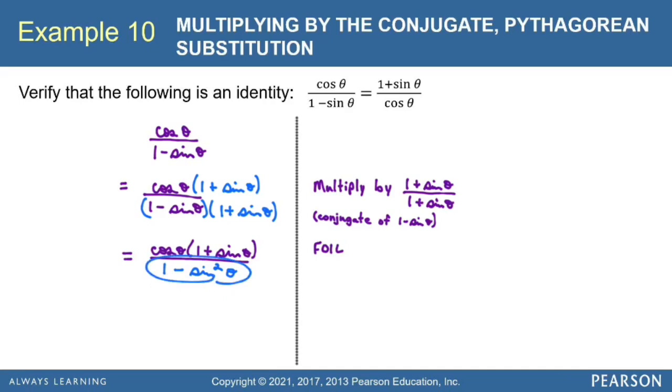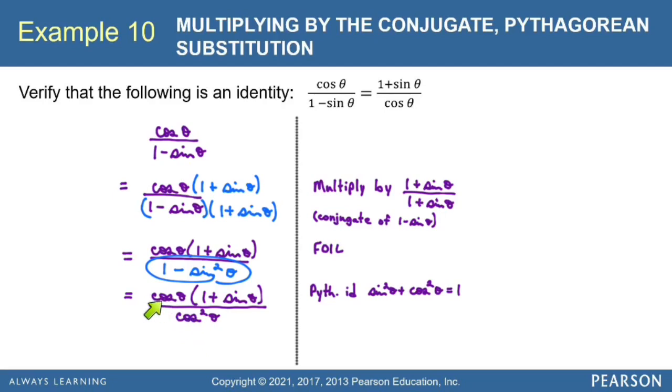So let's circle that, and then when we recopy our expression, we'll keep the top the same, but we will replace 1 minus sine squared theta with cosine squared theta. Over here on the right, we want to put that we used a Pythagorean identity. And now notice that we have cosine theta in the top and cosine squared theta in the bottom.